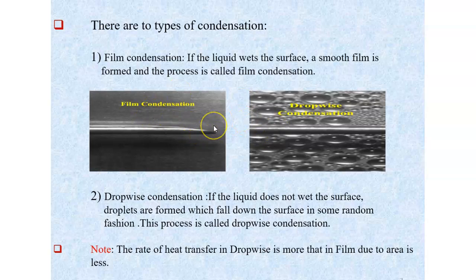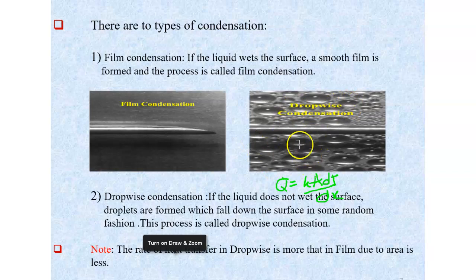So when the area is more, heat transfer is also bigger. Here I just jot down the formula: Q dot is equal to kA dT over dx. Sorry, this is dx. So when A is higher, Q will also be higher, because Q is directly proportional to the area. So this area is bigger, meaning the heat transfer is also bigger compared to this one, because the area is less.